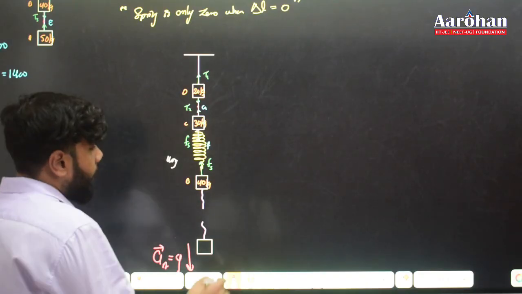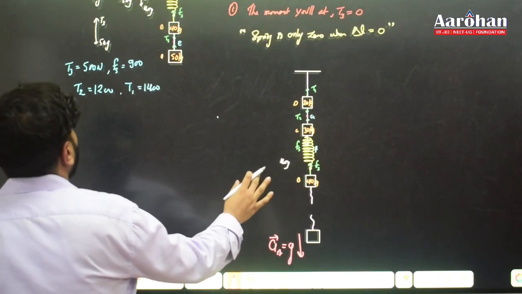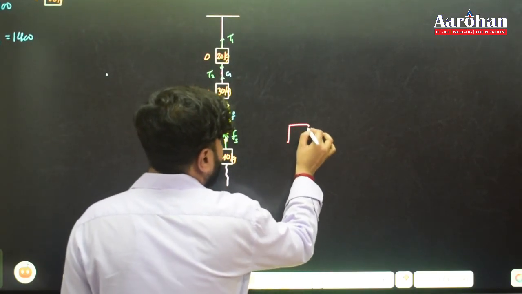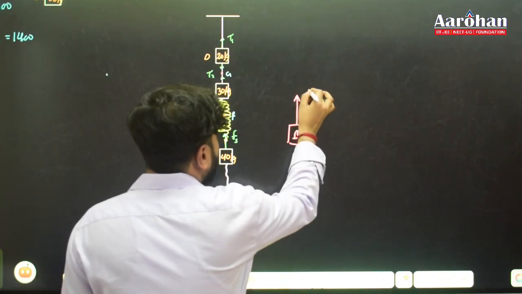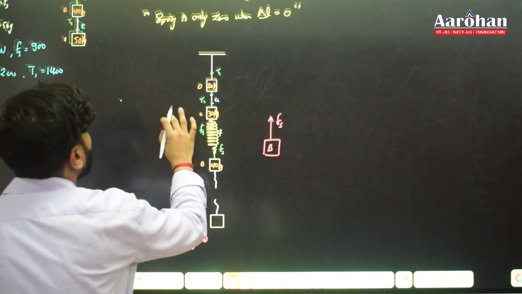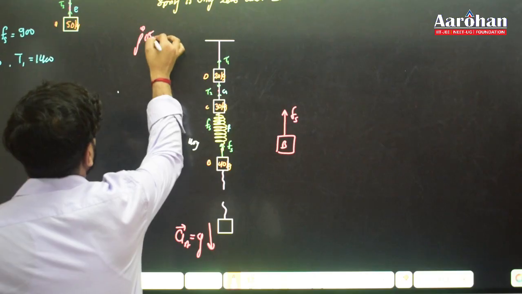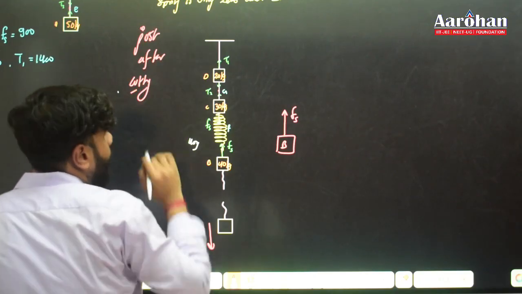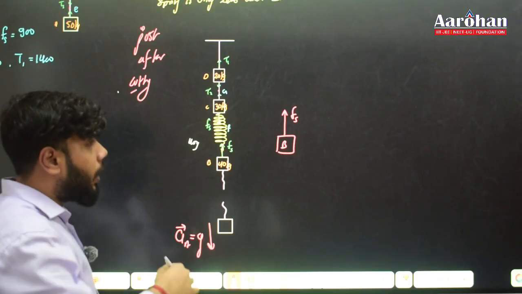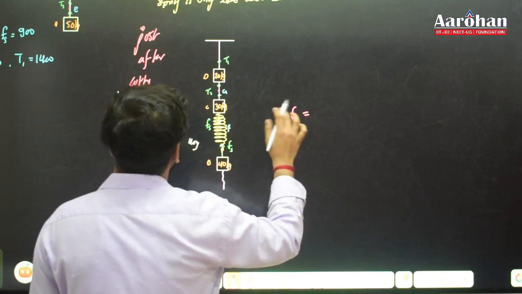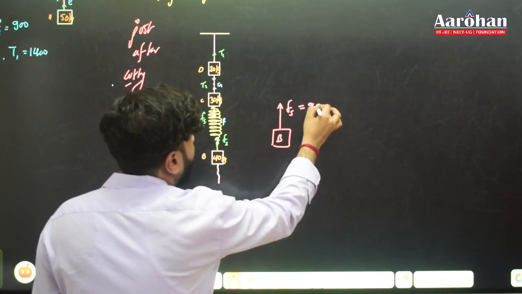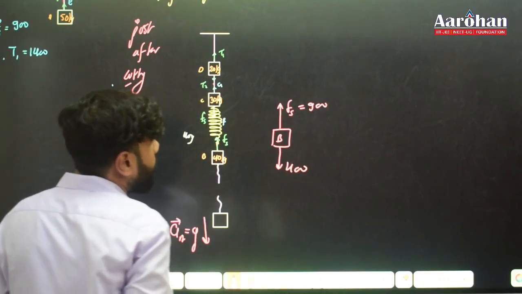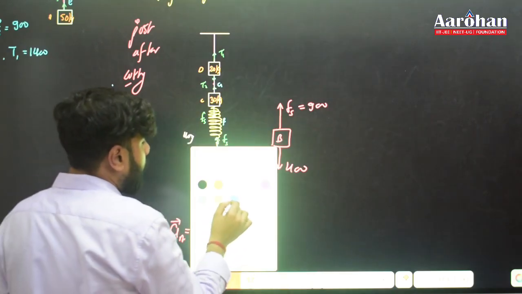So Fs was earlier how much? 900. If you see the FBD for B, Fs will not be 0. We are talking about just after cutting. Remember, just after cutting, Fs will also decay, but just after cutting, Fs will be 900, and there was another force 400, and you can see 900 is already bigger than 400. It is obvious.